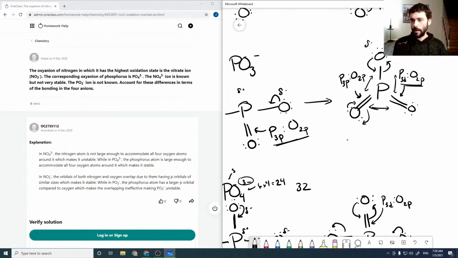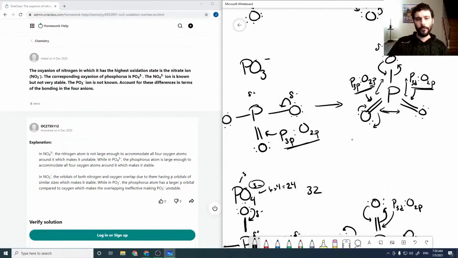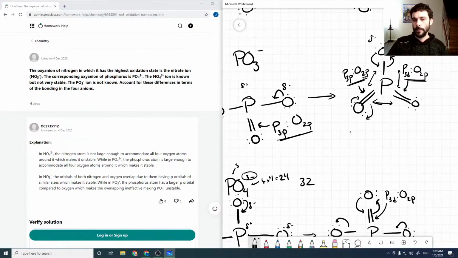But our double bonds are all going to be formed from n=3 orbital overlaps, with n=2 overlaps on the oxygen. So these are going to be much weaker orbital overlaps, giving us much weaker double bonds and leading to a structure which falls apart much more readily, or is much more reactive.